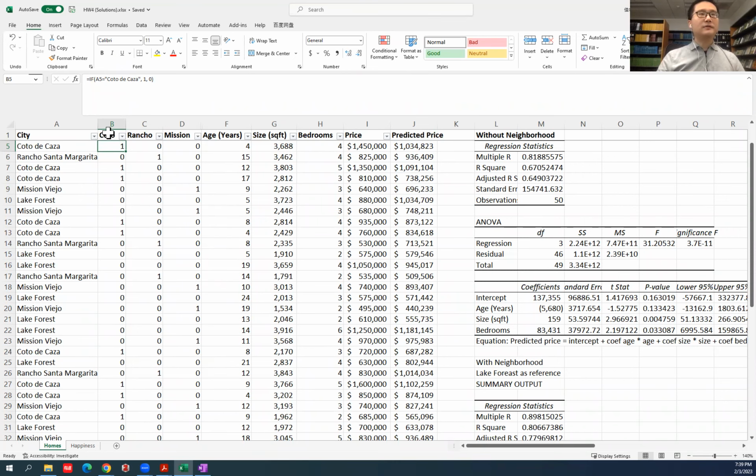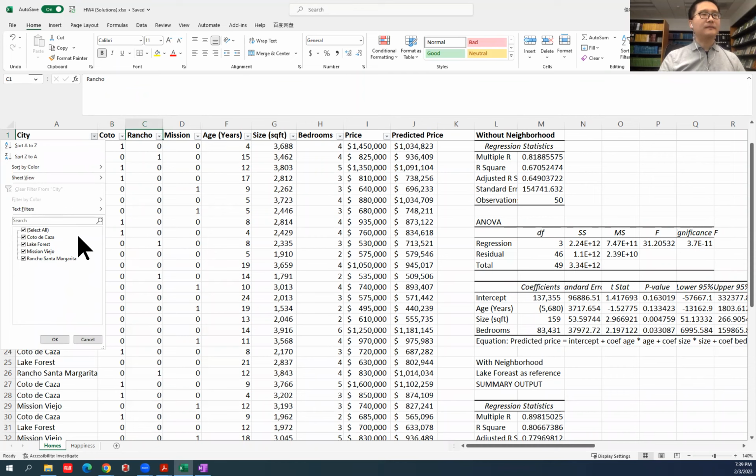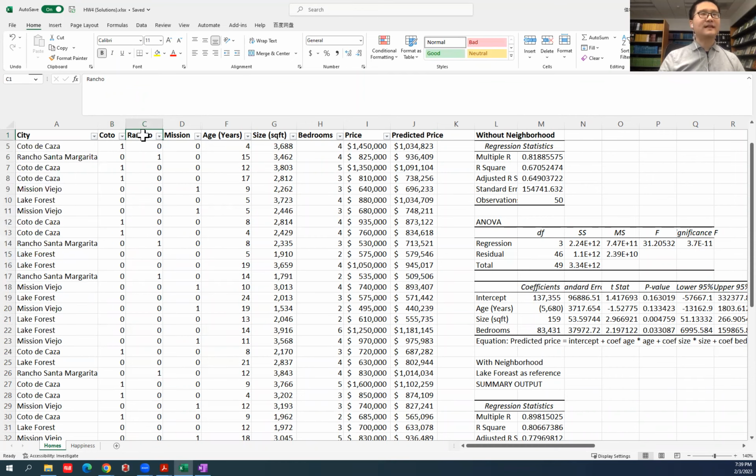I used the second variable for the second city, that's Rancho Santa Margarita. That's where this variable is built so that if the city name is Rancho Santa Margarita, then its value is 1, otherwise it's 0.